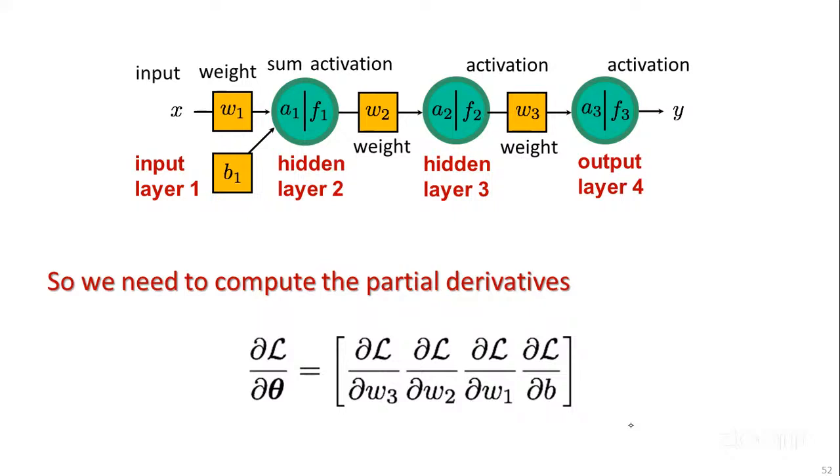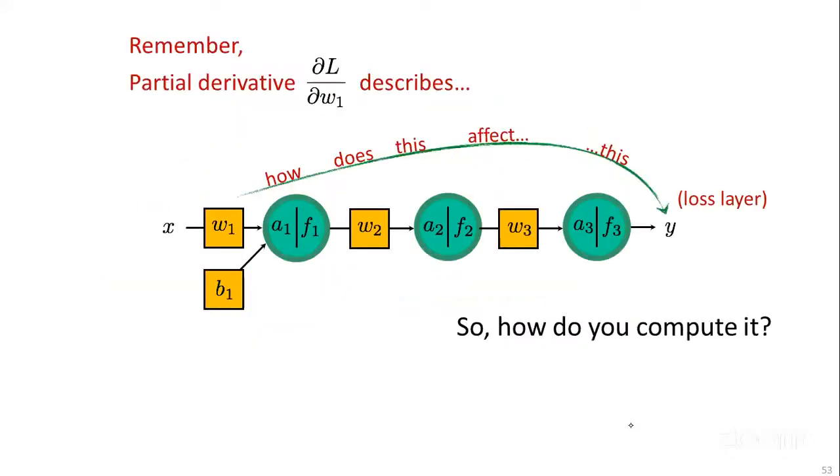So we need to compute all these, the derivative of my loss function with respect to all four parameters, and see how I am going to do that. Remember, what is the meaning of this? When I say the derivative of the loss function with respect to weight W1, it means that when we are changing W1, how the loss is changing, right?